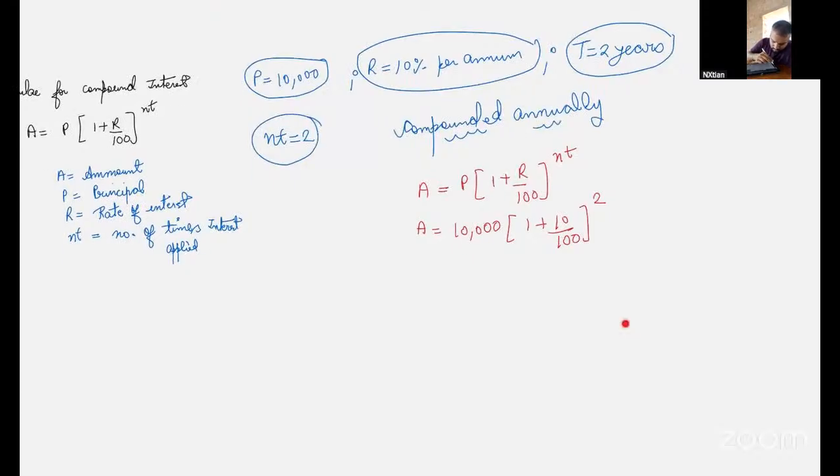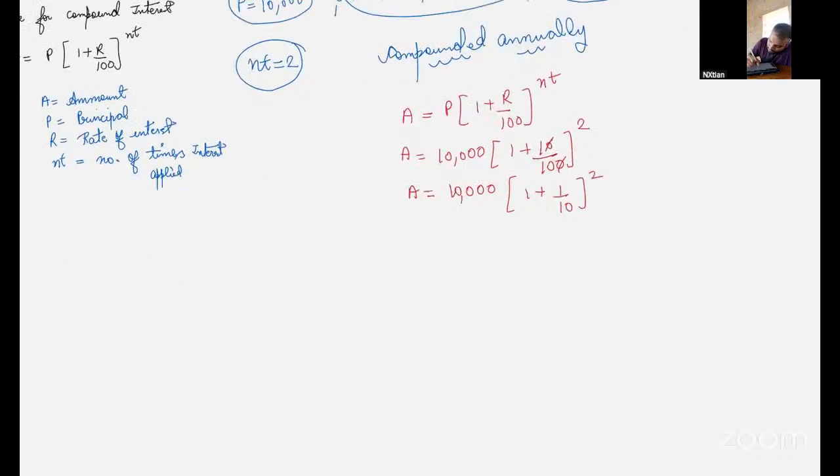So how will we solve this? Amount will become 10,000 into, now this 0 and this 0 will cut. It will become 1 plus 1 upon 10, whole squared. So amount will become 10,000 into, now here the denominator is 1.